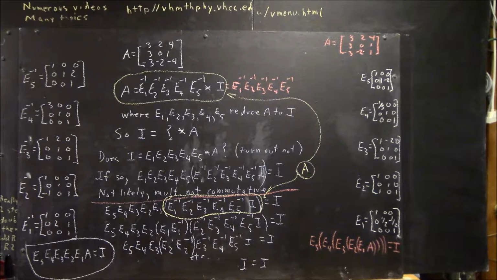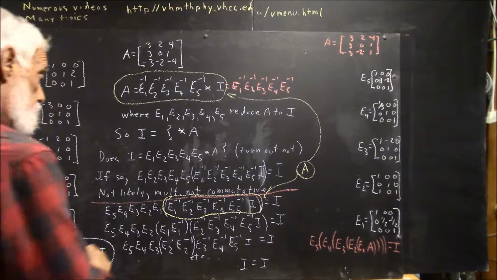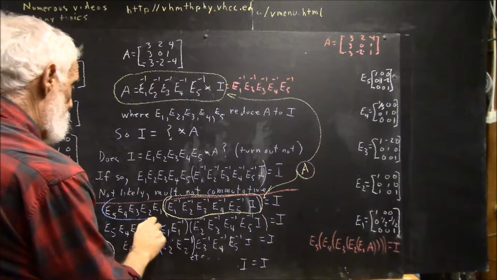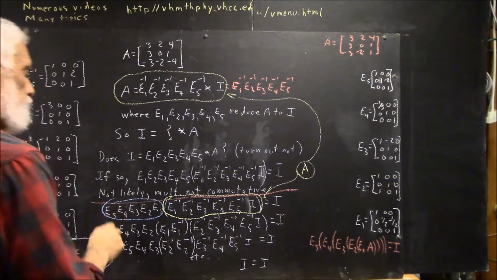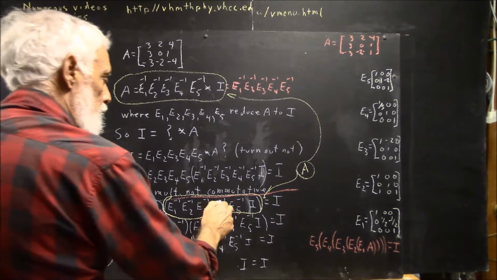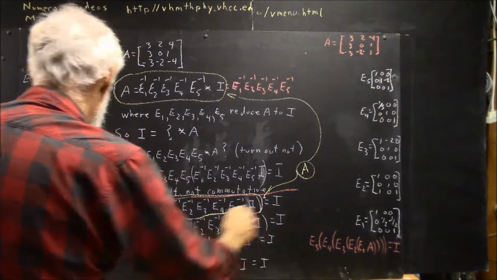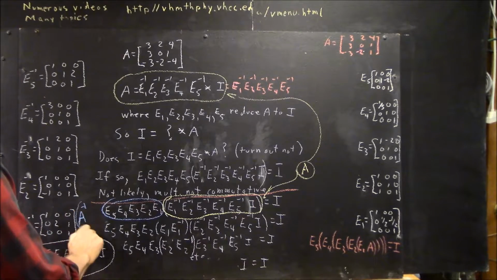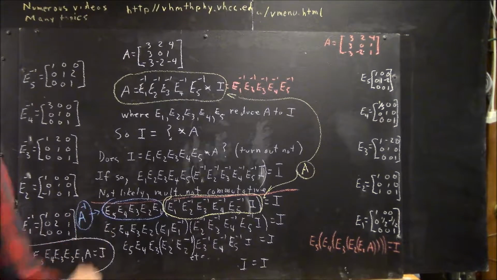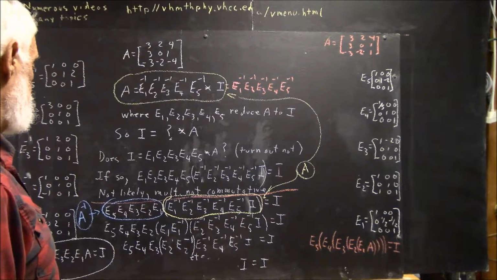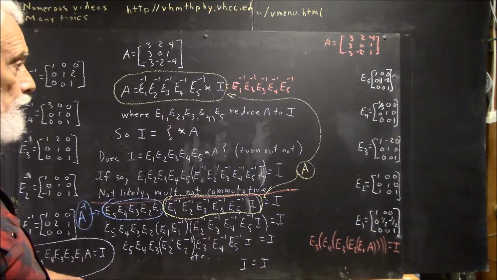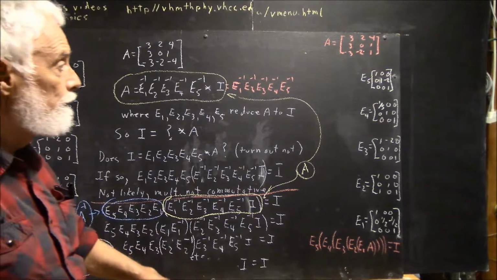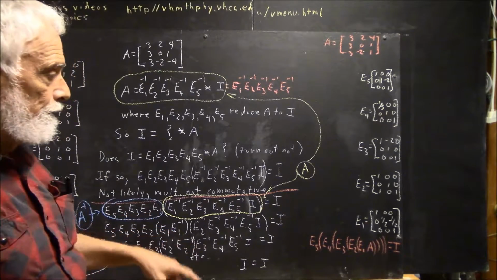And so this matrix that we have here, since it's multiplied by A to get the identity, this has to be A inverse.